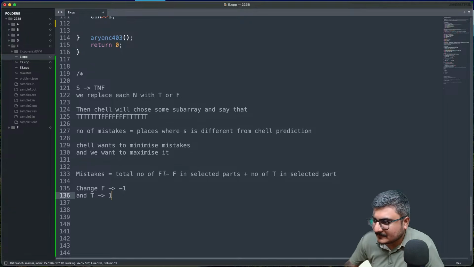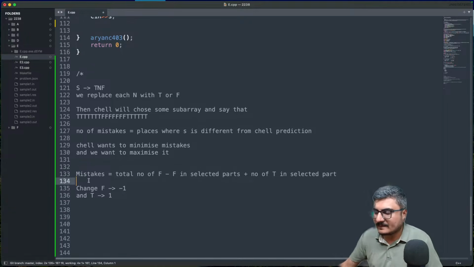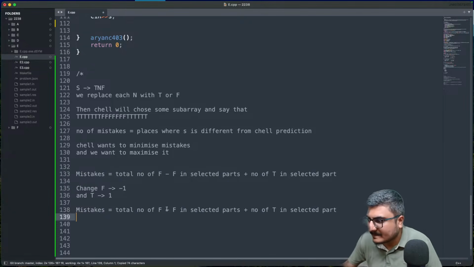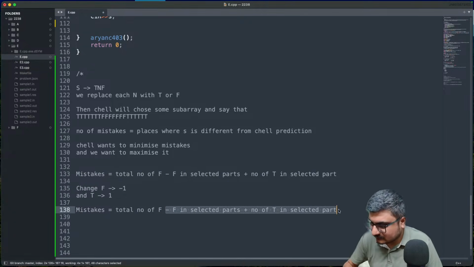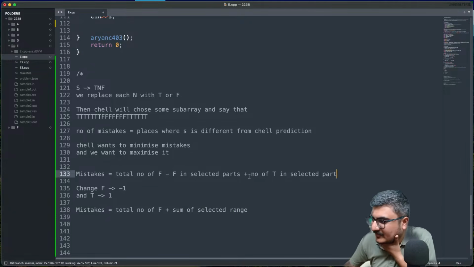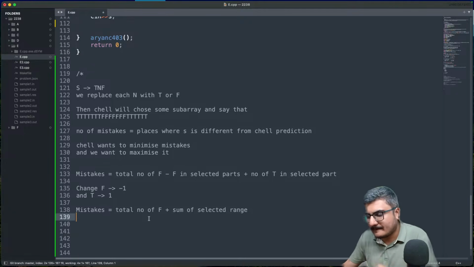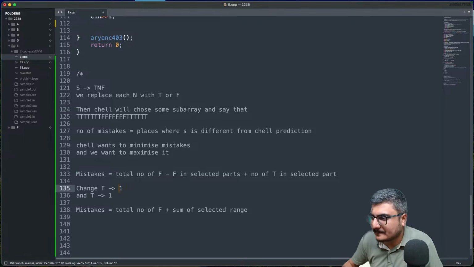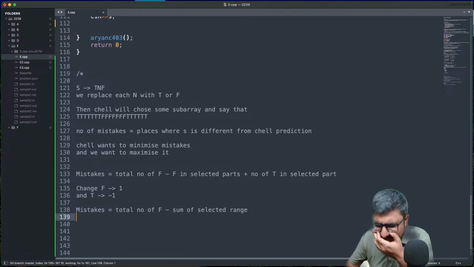Then what I am saying is, because whenever in my selected range there is a T, then number of mistakes increases by 1. If there is F, then number of mistakes decreases. No, let me put it this way. Change F to 1 and T to minus 1. Then my answer is total number of F minus the sum of selected range.